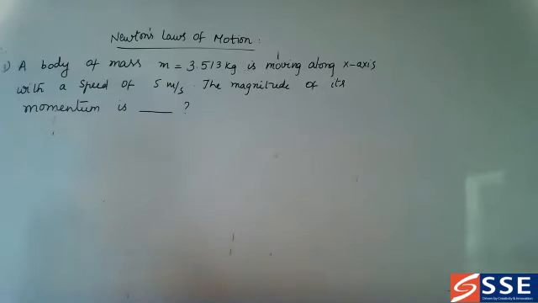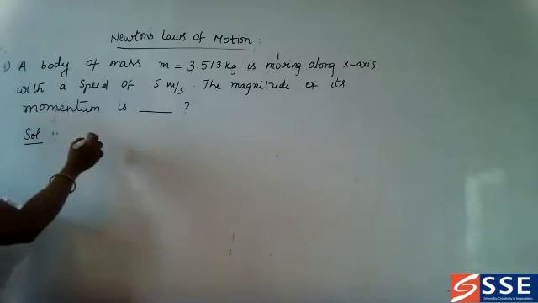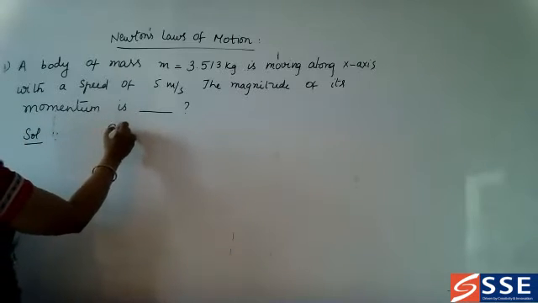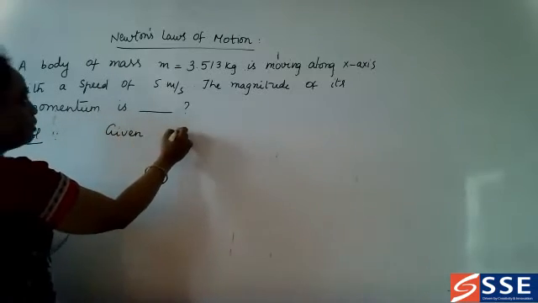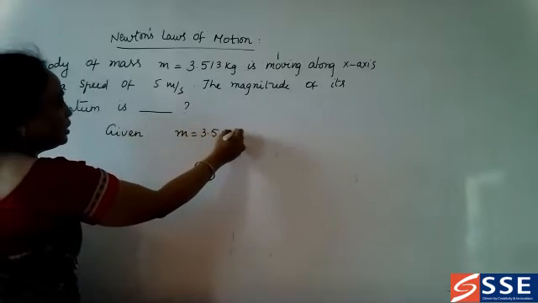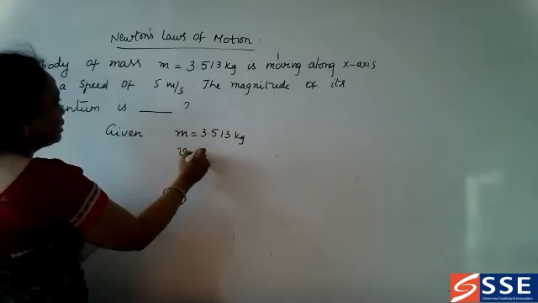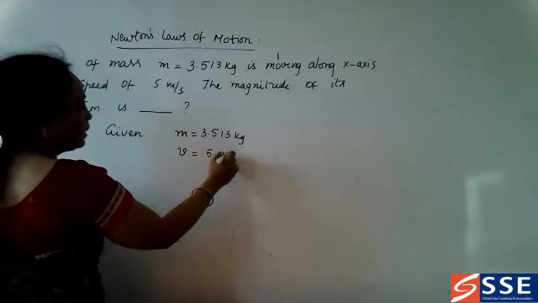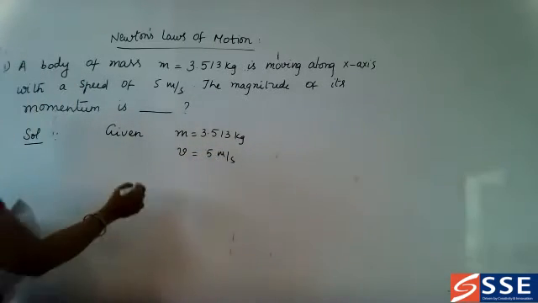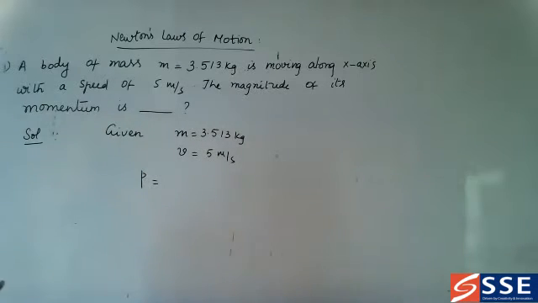So how do you calculate this? Solution: what are the given points? Mass is given as 3.513 kg and speed is given, so v is equal to 5 meter per second. Then how do you calculate the momentum? The simplest formula.